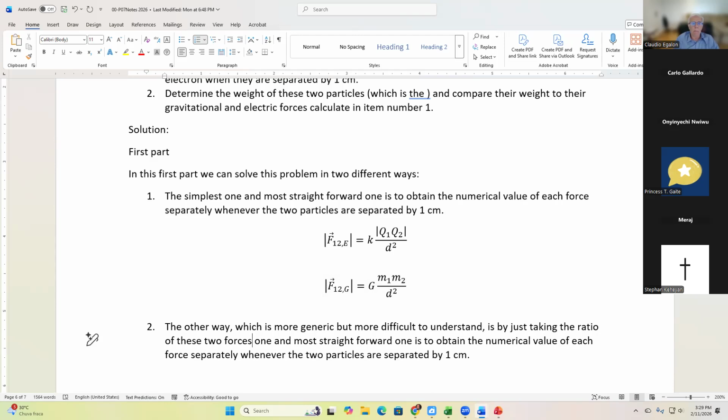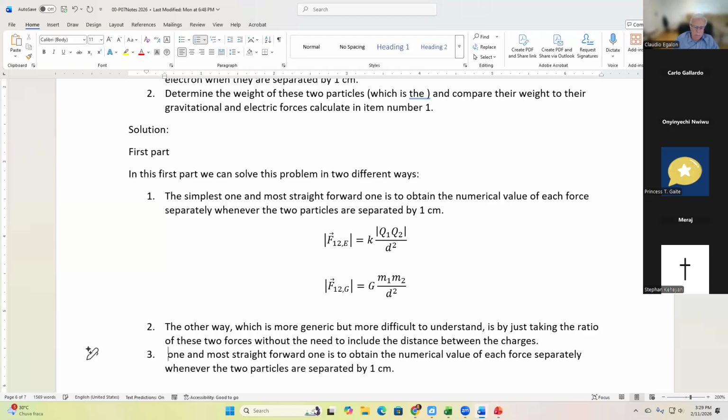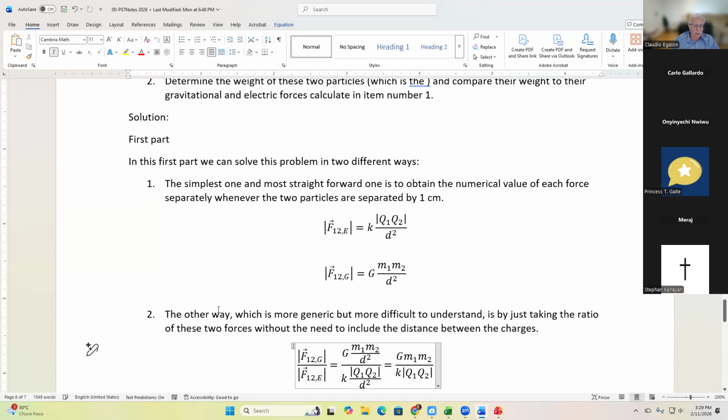The ratio of these two forces, without the need to include the distance between the charges. But let's do the first one. It's simpler and more straightforward to understand, and then we concentrate on the other one.